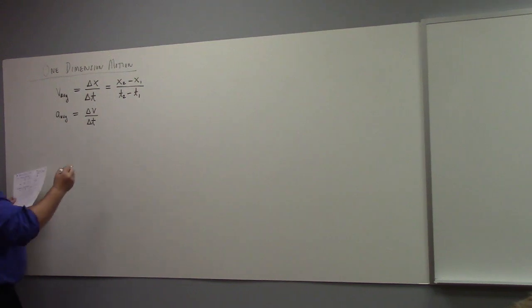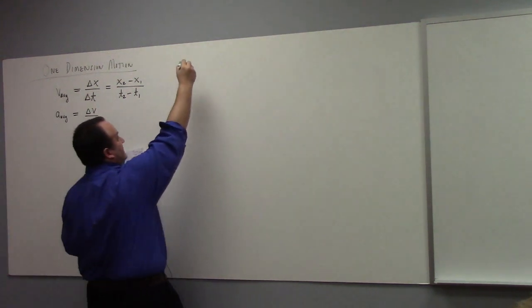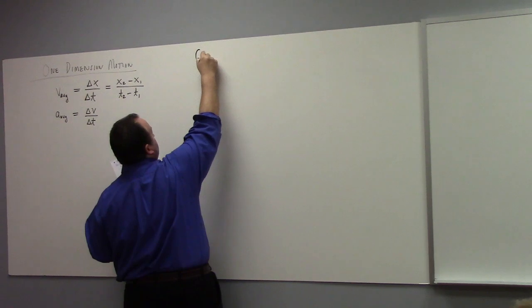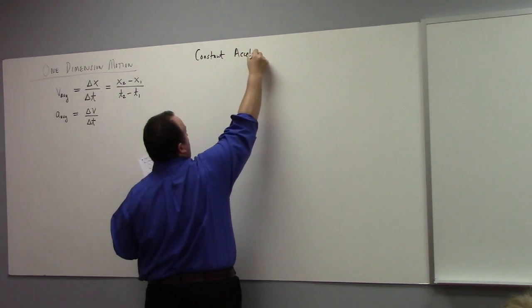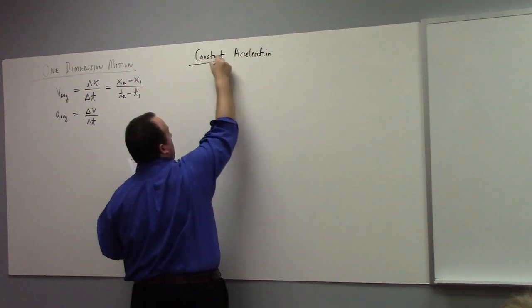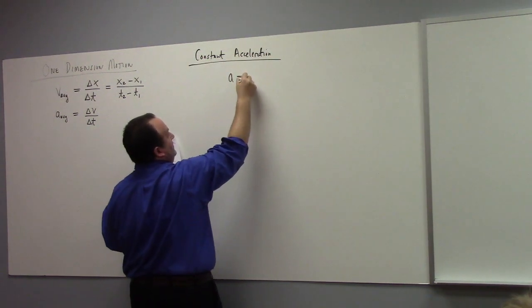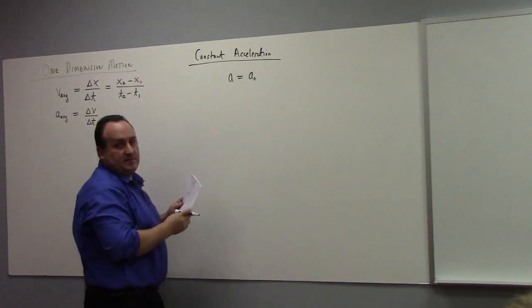But what's interesting now is we can talk about constant acceleration. So let's work it out real quick. So we have a equals a sub 0, that's a constant, right?